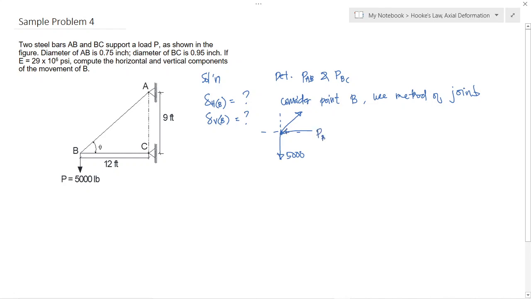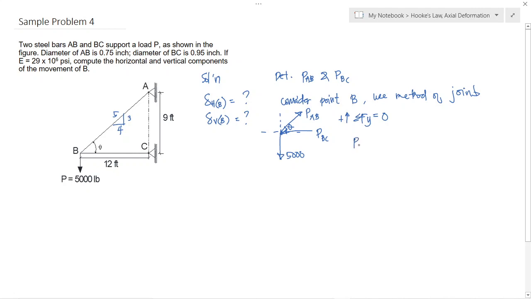So we have PBC here, and then PAB. And this is theta. The slope, the inclination of this, since we have 9 feet vertical and 12 feet horizontal, is a 3, 4, 5 triangle.